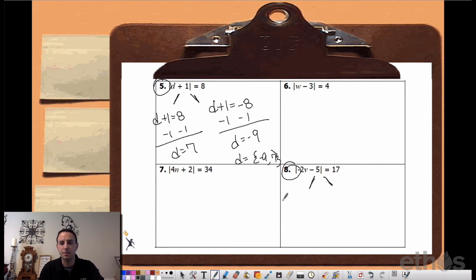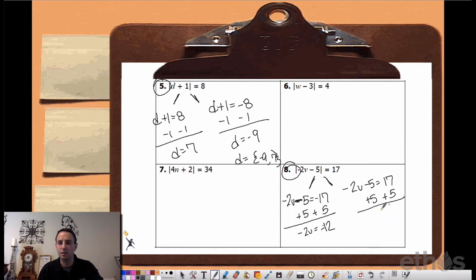So we're going to set it up as negative 2v minus 5 is equal to negative 17, and negative 2v minus 5 is equal to 17. Add 5 to both sides on both equations, and over here we get negative 2v is equal to negative 12, and over here negative 2v is equal to 22.